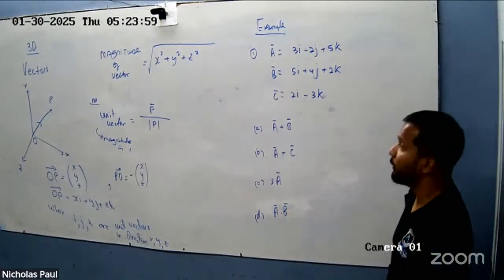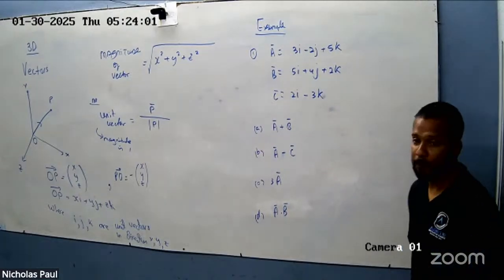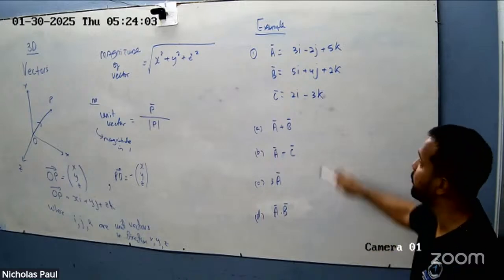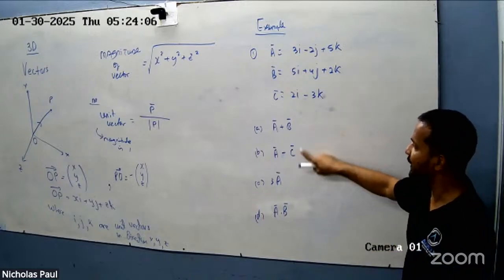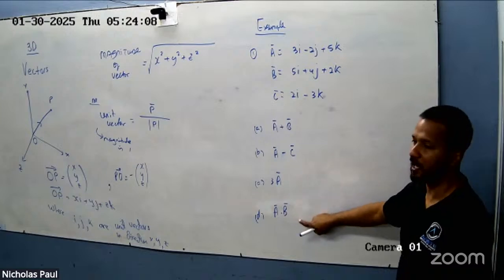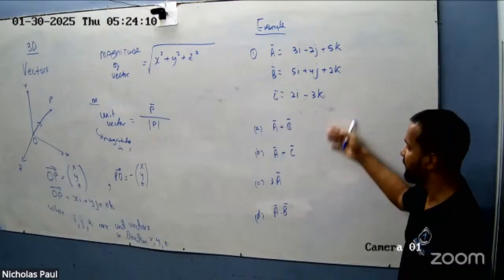Alright, so try to summarize based on your knowledge from two dimensions. See if you can add, subtract, multiply by a scalar, and multiply. See if you can try A, B, C, D there.